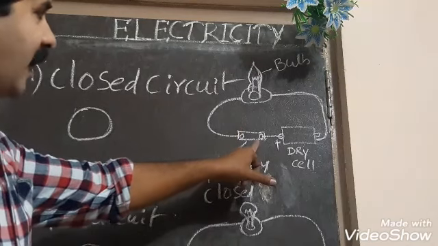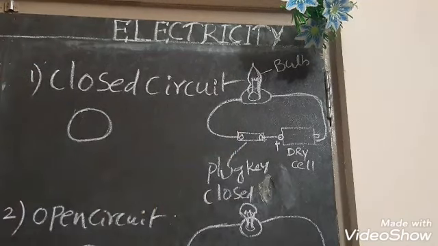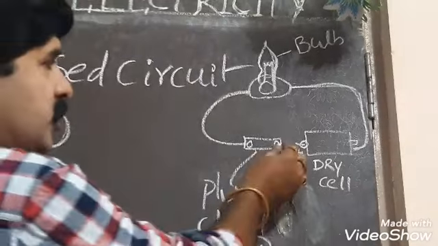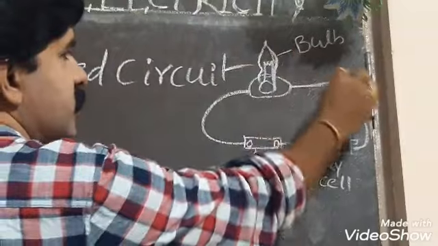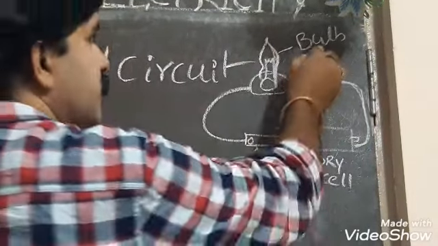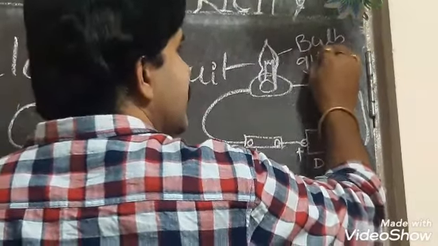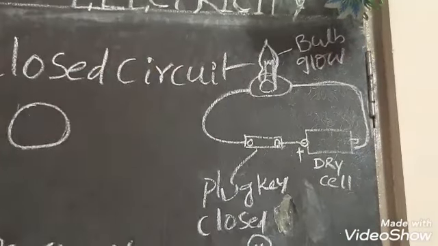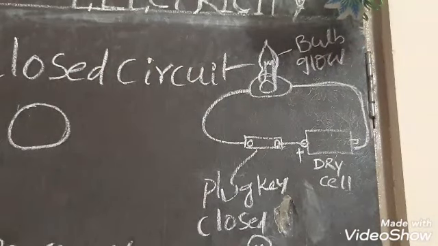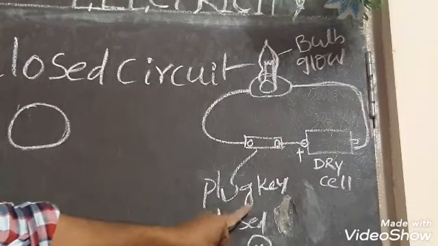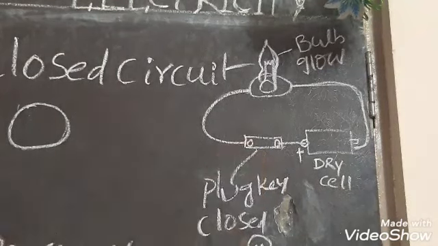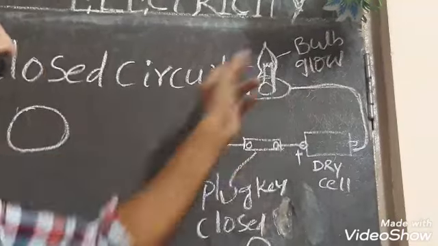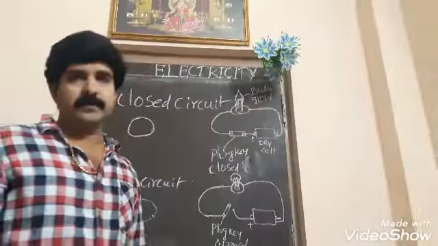It is the on position of the key. When it is in on position, this terminal is attached to this one and the circuit is closed and the bulb glows. In closed circuit, we will see the glowing bulb because here the plug or key is closed. So this format is called closed circuit.